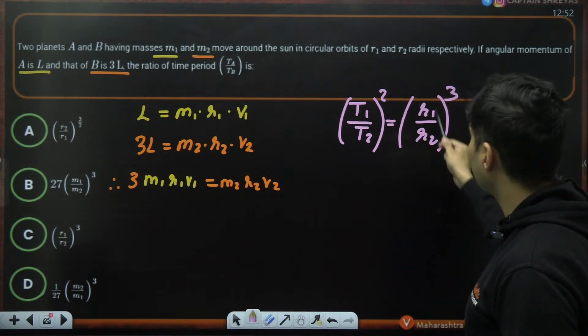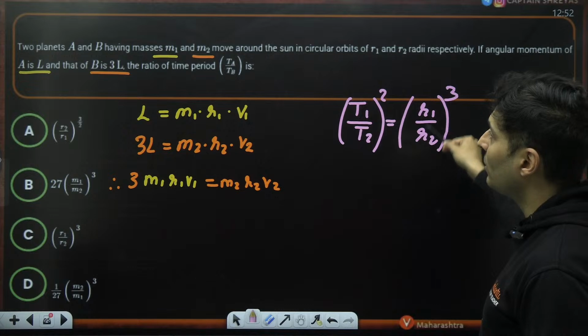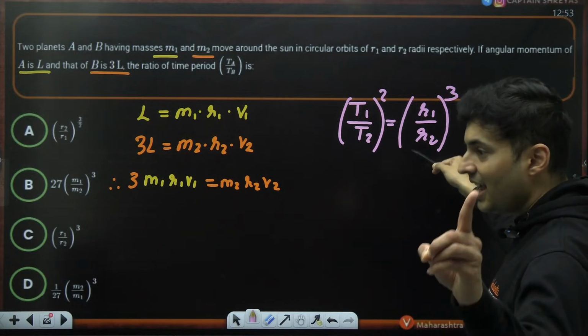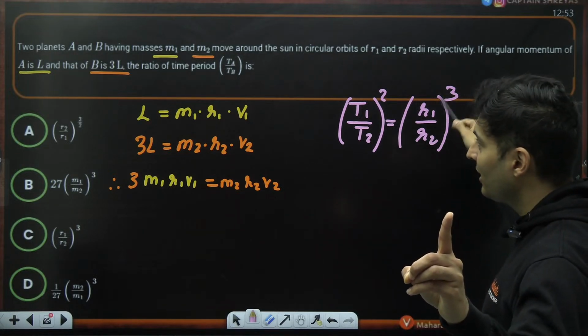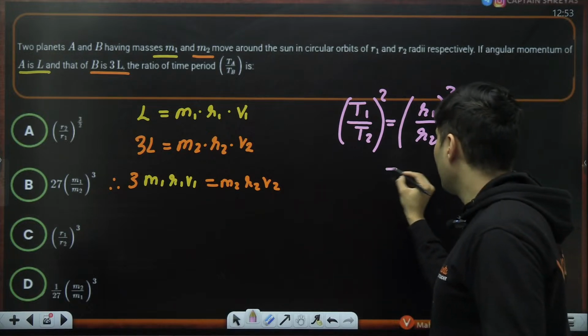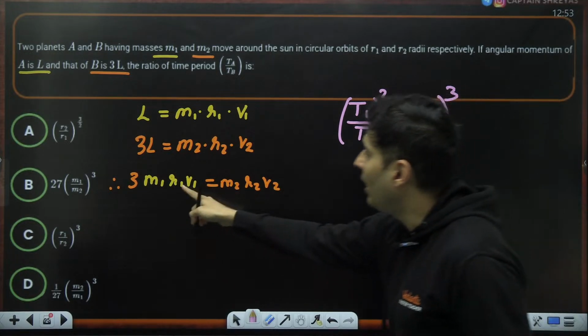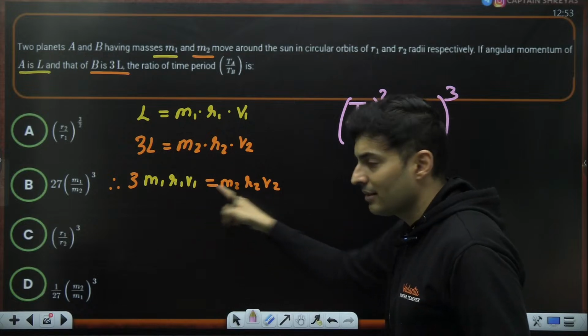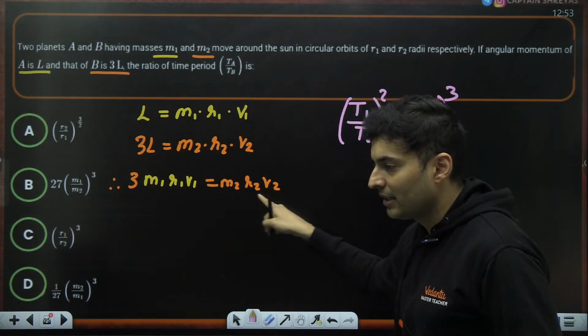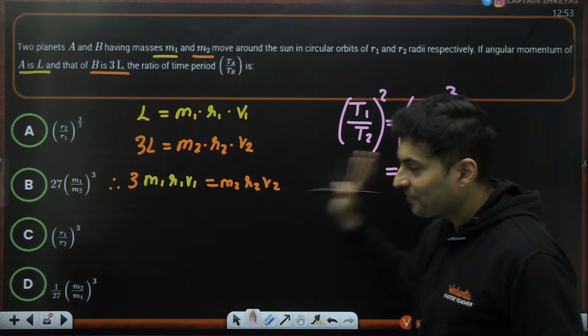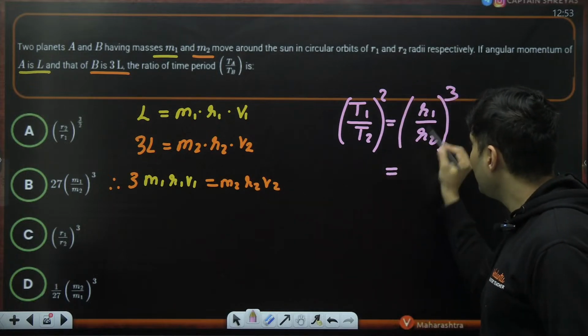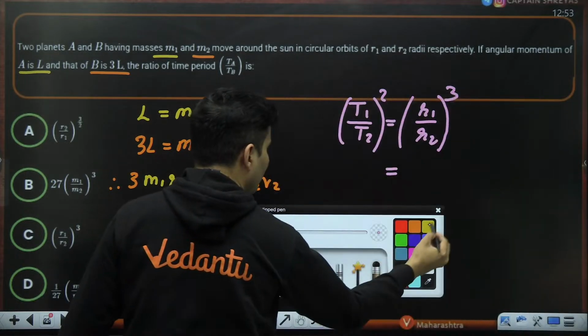Oh, so if it is R1 by R2 the whole cube, think over here. Can I somehow find R1 by R2? Yes, definitely. I can find that directly over here, everyone. So let me find out what R1 by R2 is from here.